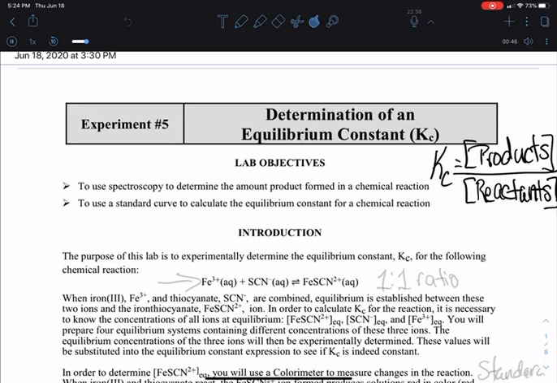We are going to use this equation to determine our equilibrium constant by varying the concentrations. If you notice, this reaction is a 1-to-1 ratio, which is useful for determining concentrations later.